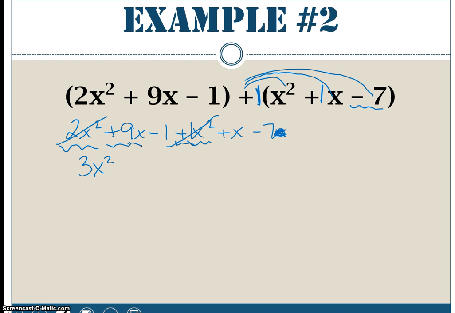So a positive 9x and a positive 1x is positive 10x. Then I've got a negative 1 and a negative 7. Keep your signs. Those combined make negative 8. Now I've got all my like terms combined. So my solution is 3x squared plus 10x minus 8.